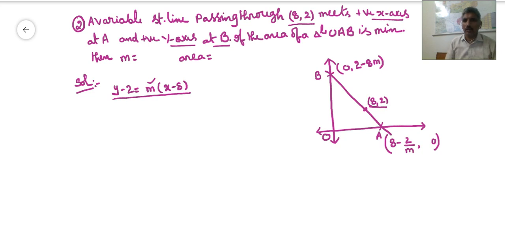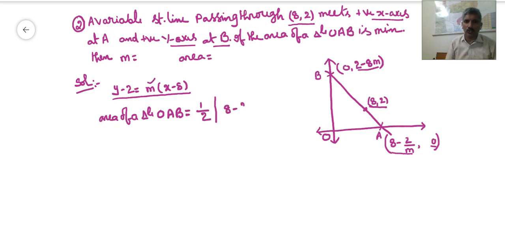Right? Now here if you put x is equal to 0, you will get the y coordinate is equal to 2 minus 8m. If you put y is equal to 0, you will get the x coordinate is equal to 8 minus 2 by m. What is the area of the triangle OAB? Area of triangle OAB is equal to half into, come on tell me, what is the base?